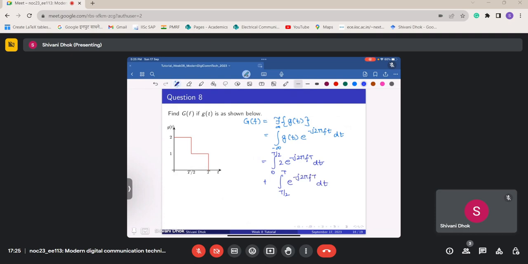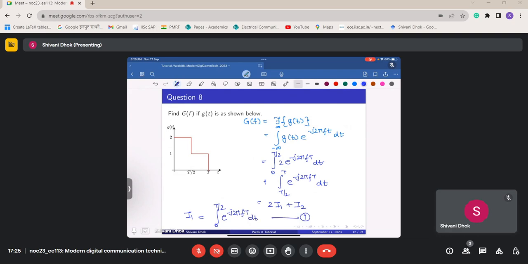So this is what we are having here. So we'll take up these integrals first and try to simplify them. I'll write this as 2 times I1 plus I2, where this I1 is simply integral 0 to T by 2 e power minus j 2 pi ft dt.